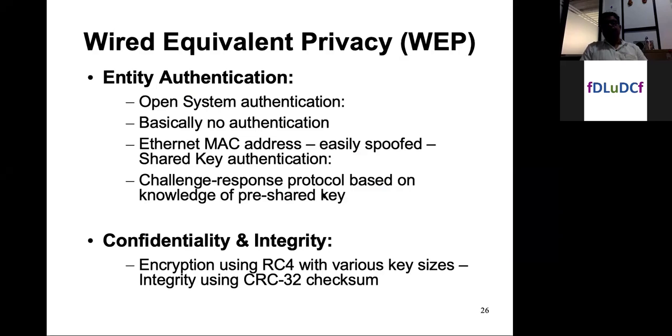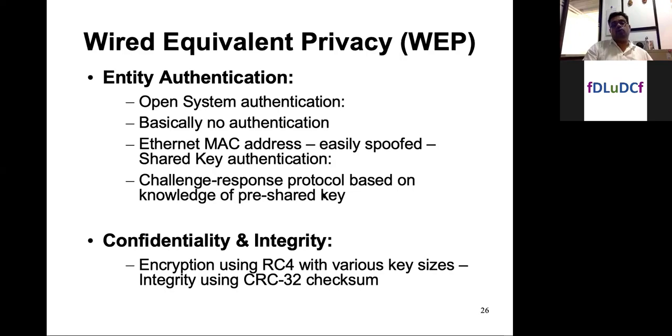As we discussed, if we use Wired Equivalent Privacy, the WEP protocol, it can be broken. They don't use a username and password. Sometimes they use basic authentication, sometimes they use pre-shared keys.